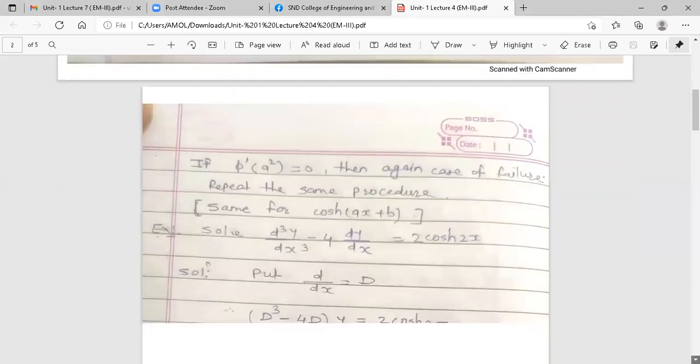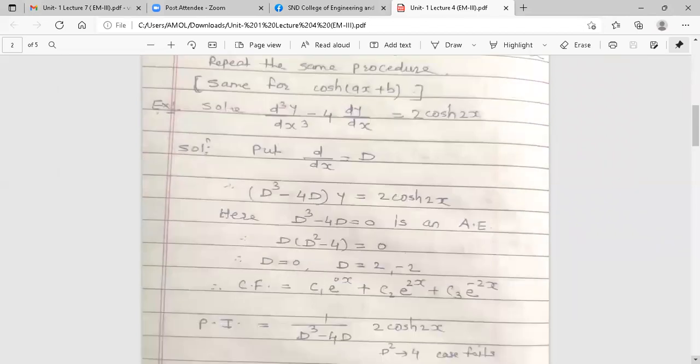Now the example here: solve d cube y by dx cube minus 4 dy by dx is equal to 2 cos 2x. Here, first you reduce the differential equation. To reduce it, you use the substitution, put d by dx is equal to D, and so d square by dx square is D square, d cube by dx cube is D cube.